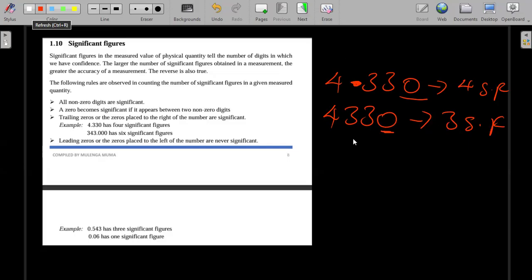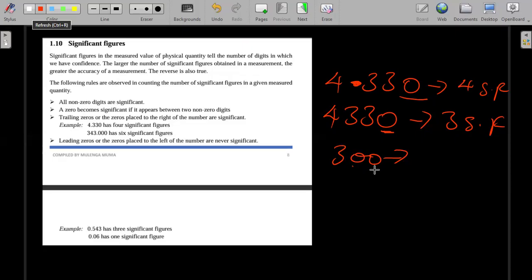Now let me ask you a question. In 300, how many significant figures do we have here? Someone to answer, how many significant figures do we have in 300? Hello? How many significant figures do we have here in 300?